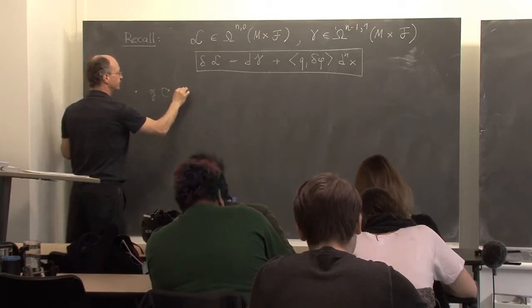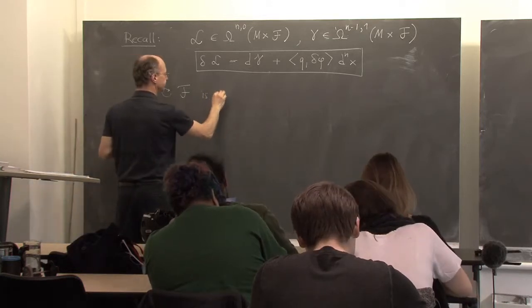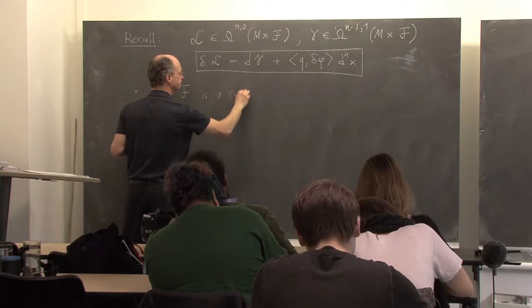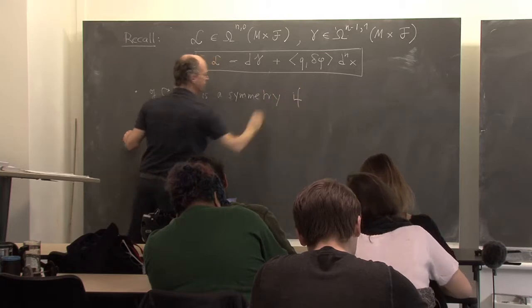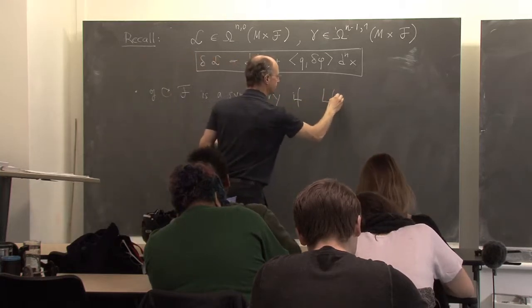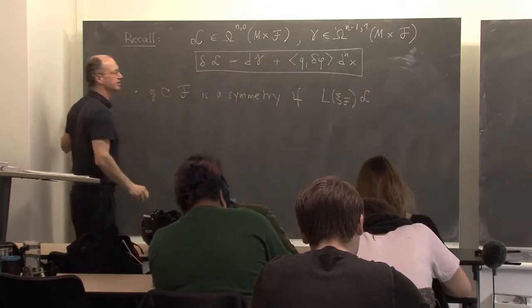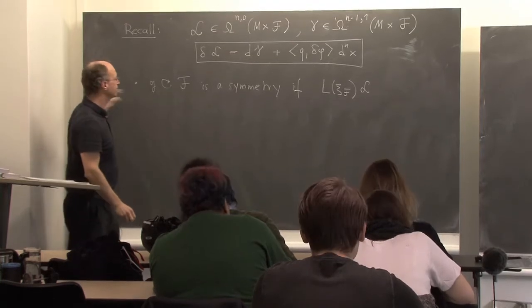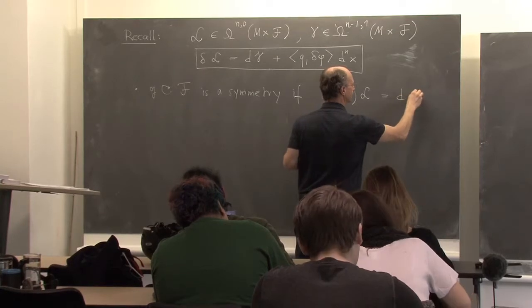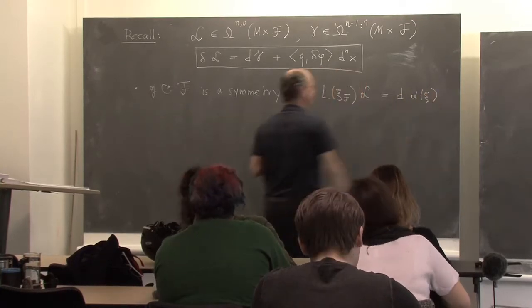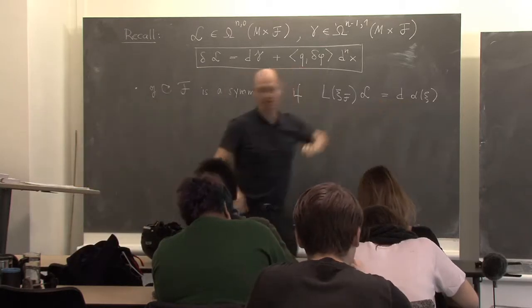So there is a Lie algebra acting on the space of fields, and the condition is somewhat complicated. We're saying that the Lie derivative of the Lagrangian is exact on the space-time. So the condition says the existence of those alpha of ξ's.